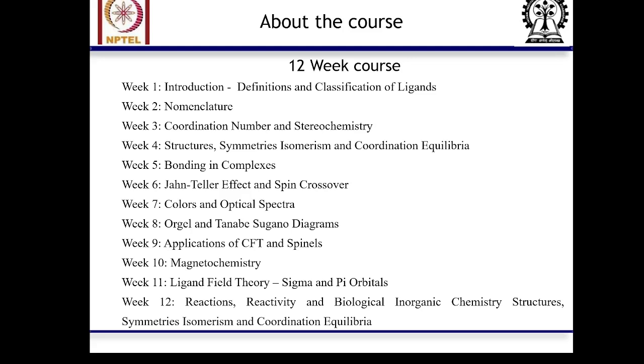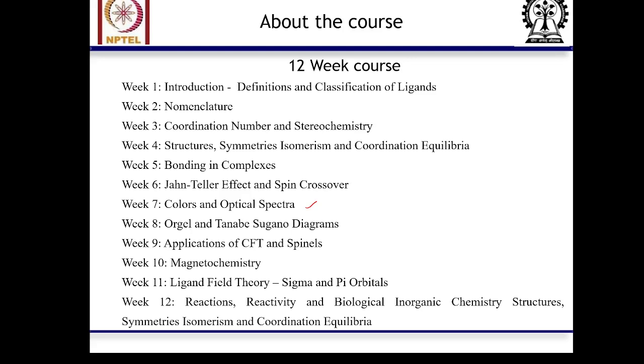From week 7, we discussed the color and optical spectra of coordination complexes through the crystal field theory. In week 8, we discussed the Orgel and Tanabe-Sugano diagrams. The Orgel diagram is basically for high spin complexes, and the Tanabe-Sugano diagram is for low spin complexes.